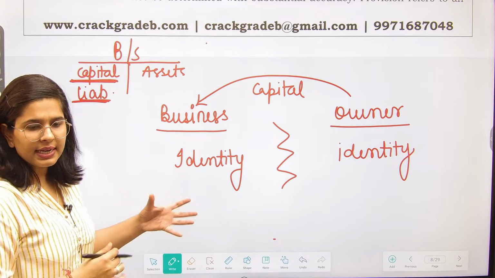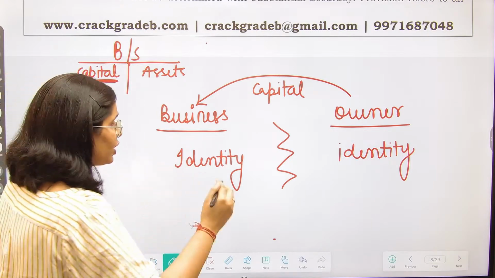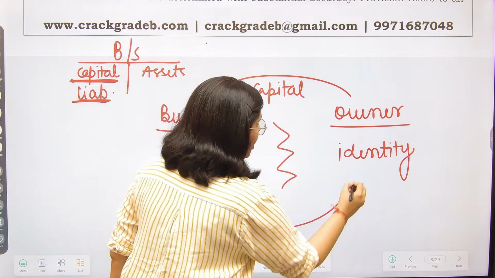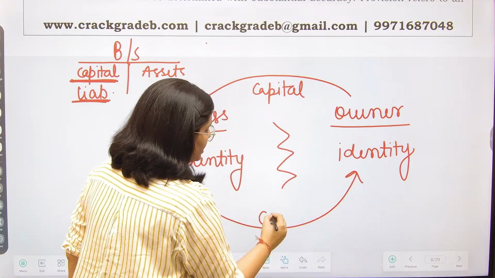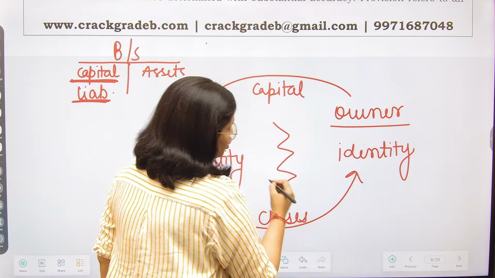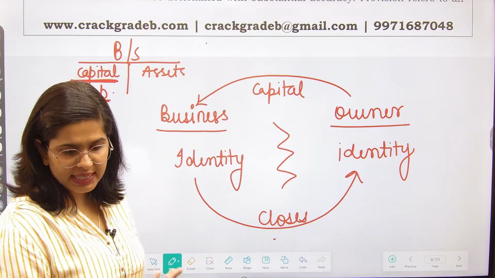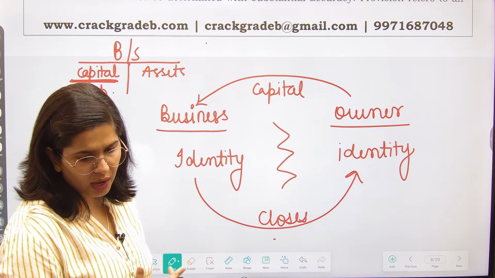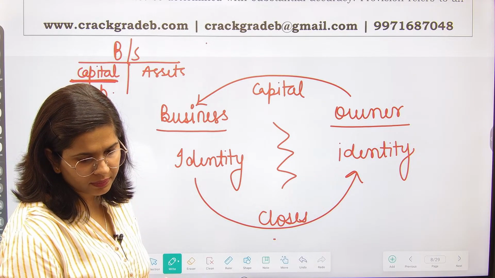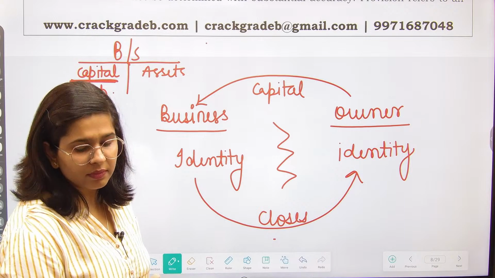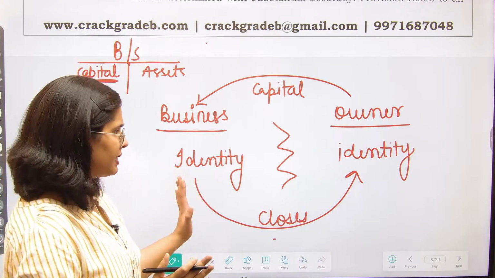So for the business, it is a form of liability which the business will return once the business closes down, right? So the business will return this liability, that means capital, if the business shuts down. Okay?